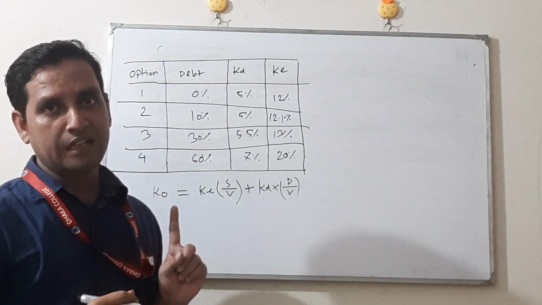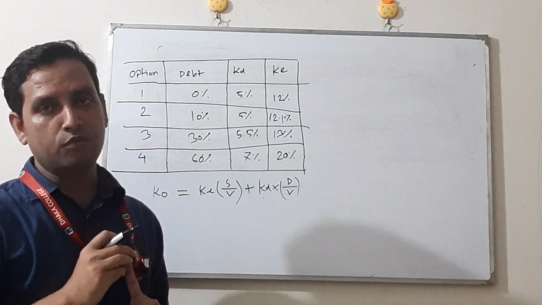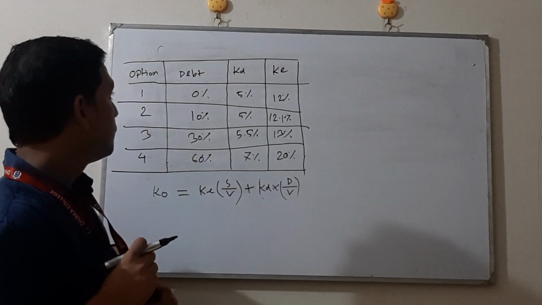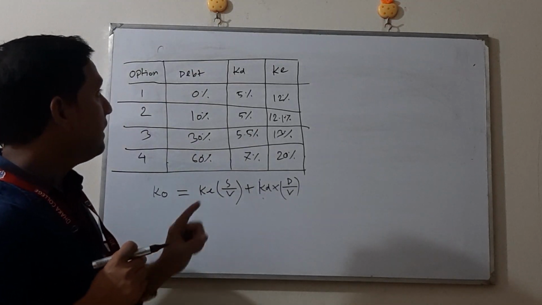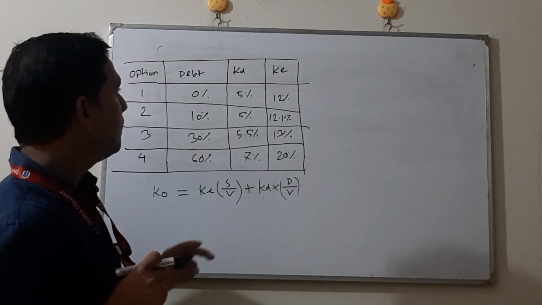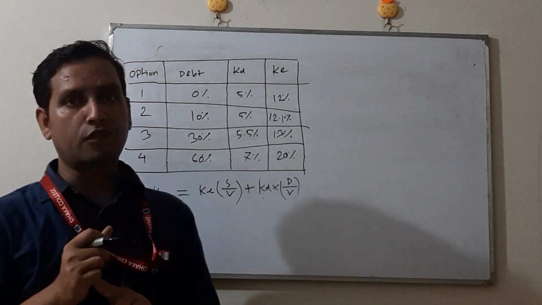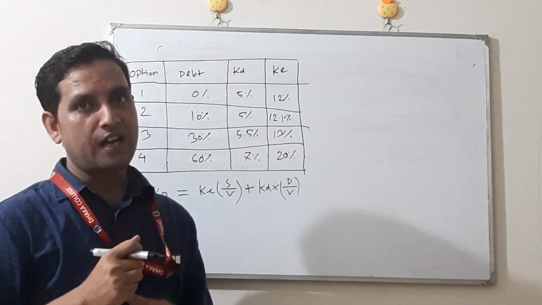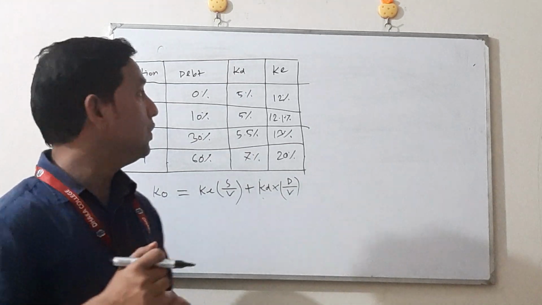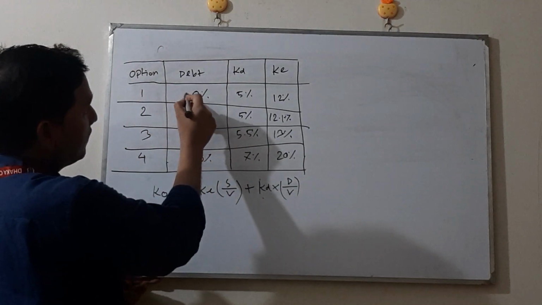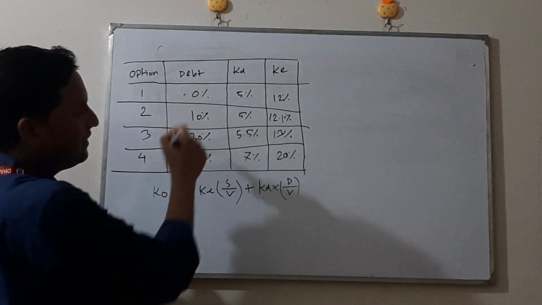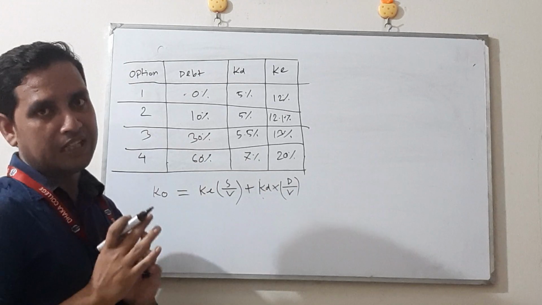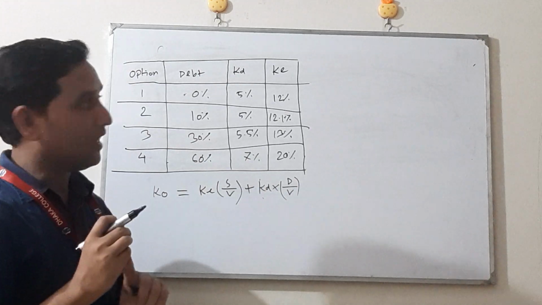Because there are two sources, common stock and debt: when debt is 0%, equity financed is 1 taka.